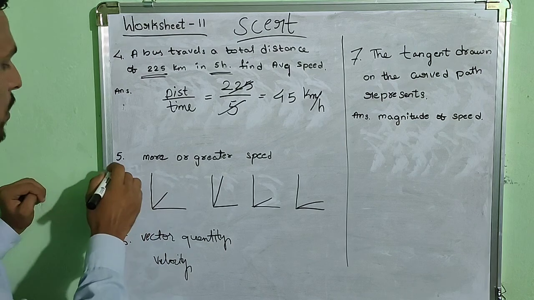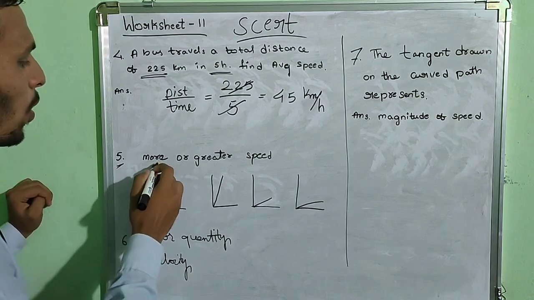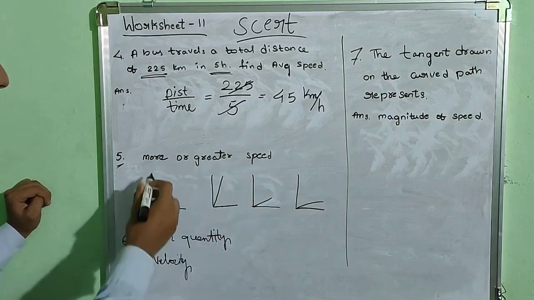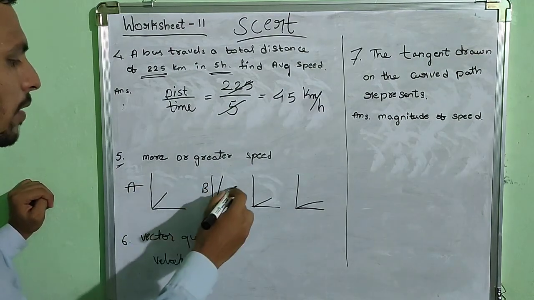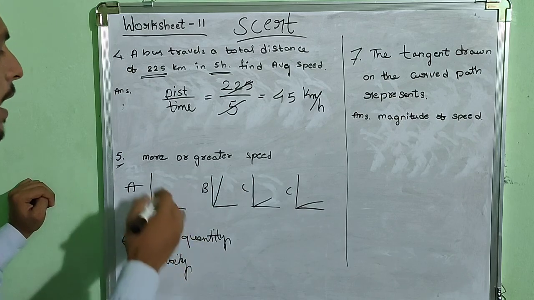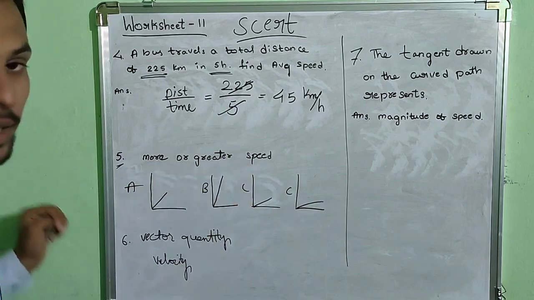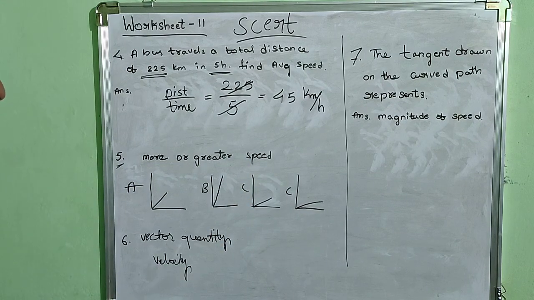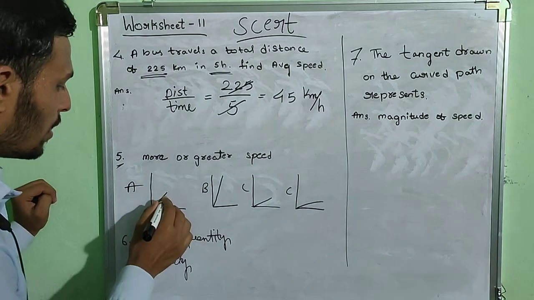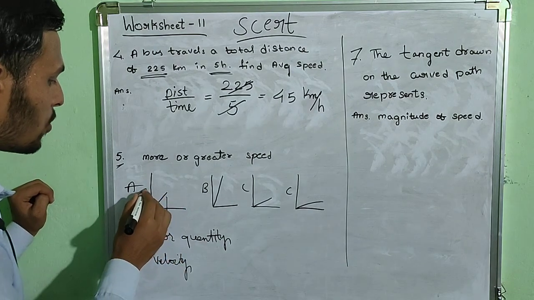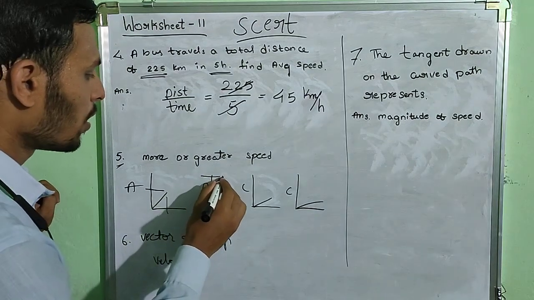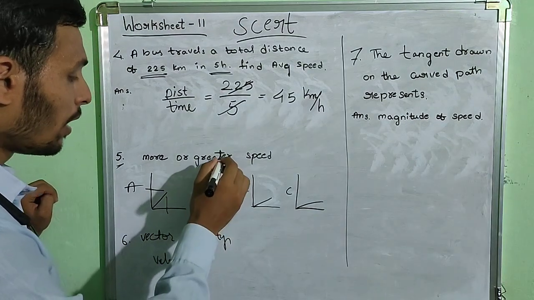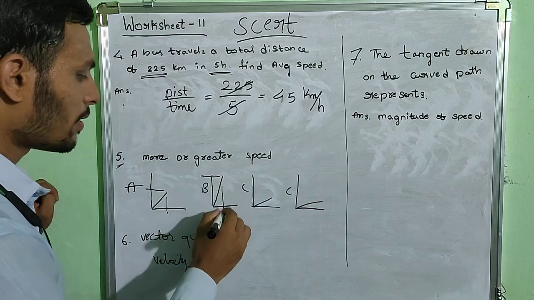The next question, number 5, asks which figure has more or greater speed. These are figures A, B, C and D. One is covering a large distance in less time.